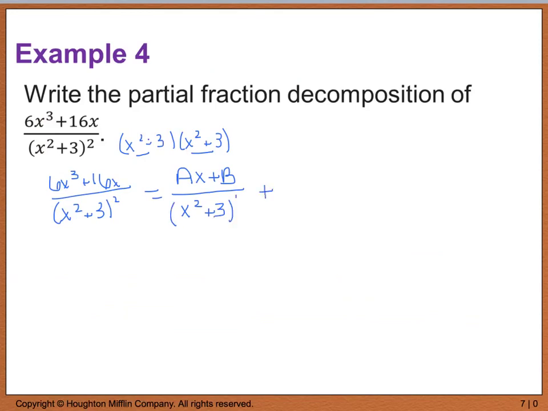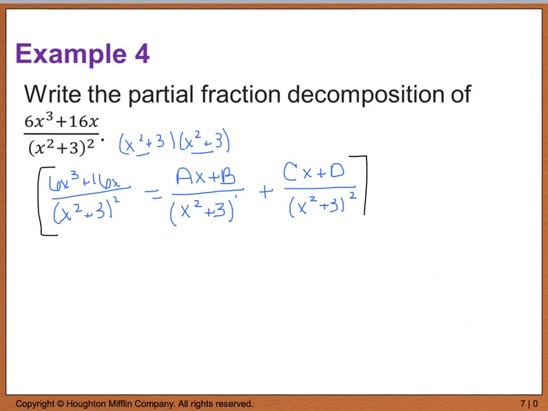And then I'm going to add that to my second factor, which is being squared, so I'm going to have to square the denominator of the second factor, and then I'm going to have to go cx plus d because it's another quadratic factor. So now I have x squared plus 3, the quantity squared. And my process is again the same.